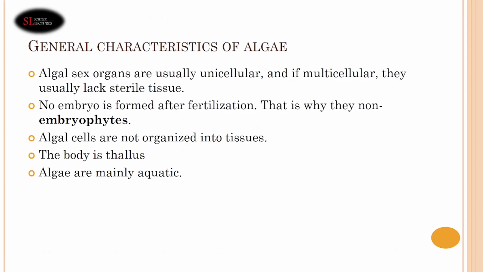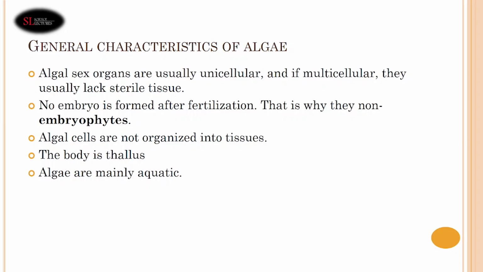So, what are the characteristics of algae? What should something have to be called algae? Number one, algae is usually unicellular, that means it is one cell thick. However, as we've seen, there are multicellular algae, but multicellular algae lack sterile tissue.